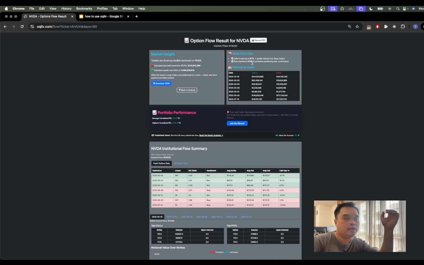Here we can see the expiry notional, the idea of how much is being traded now. For the 16th of May, we are looking at about 100 million in calls, and the puts are about 44 million. So in the short-term period, we are facing a bullish pressure going up. If the puts are bigger, normally the stock price will go down.